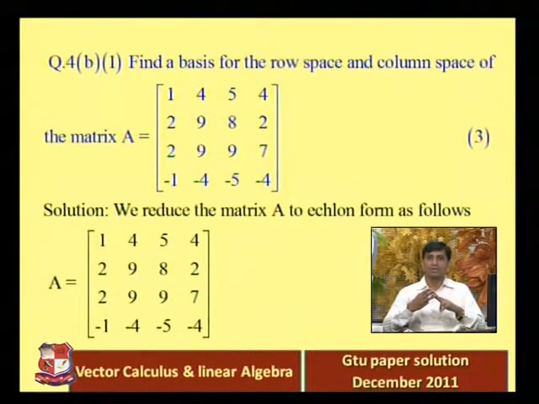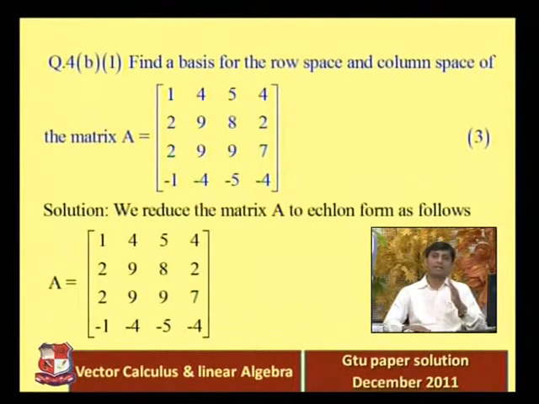Suppose 3 non-zero rows: consider those 3 non-zero rows as row vectors. Those 3 row vectors are exactly the basis for the row space of the matrix A. Now consider the columns which have a leading entry, and take the corresponding columns in the matrix A. Those column vectors are the basis for the column space of A. So just try to understand.